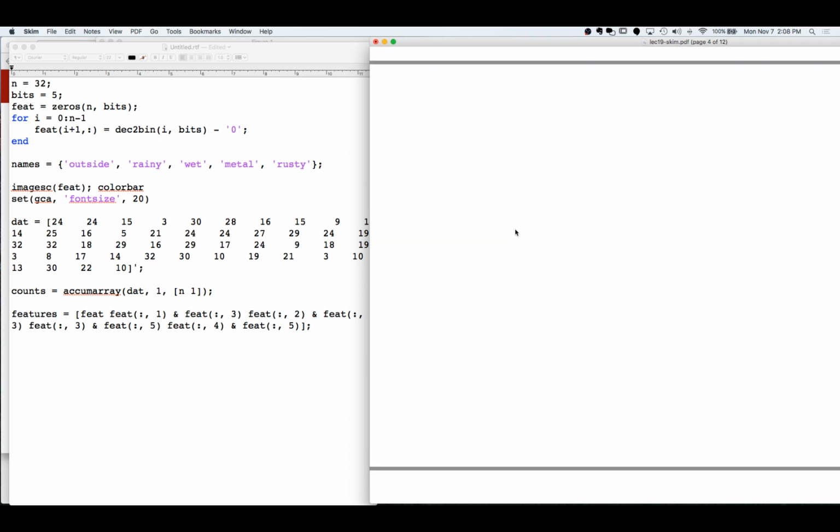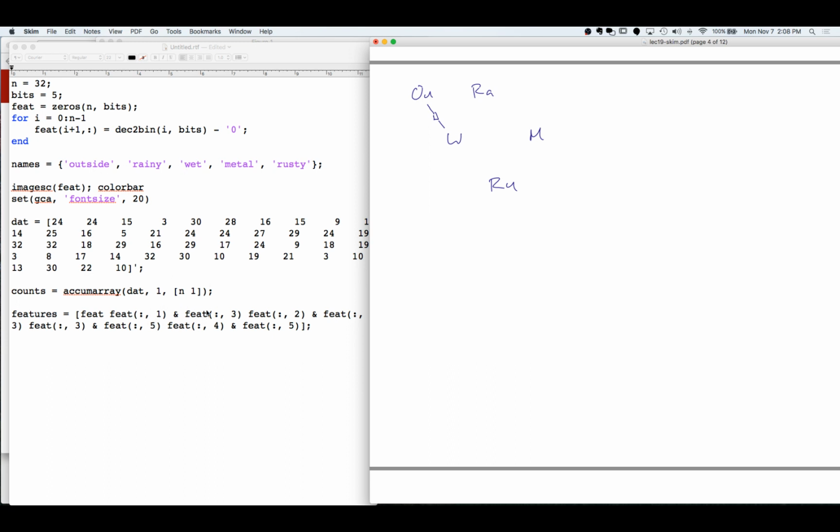So my variables were outside, rainy, wet, metal, and rusty. And so feature 1 and feature 3, that's outside and wet. So there's a feature that connects, this column of my feature matrix depends on both outside and wet.